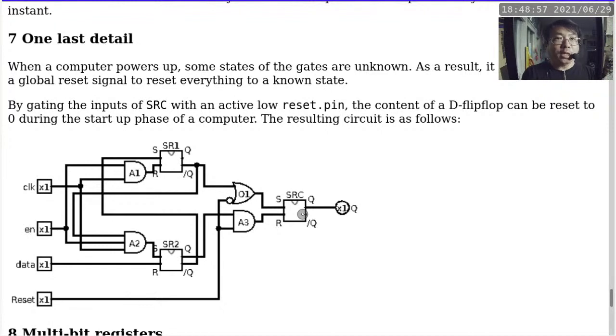That's okay, because now we have a reset pin mechanism, so regardless of the initial state when we power up, as soon as this reset pin turns 0, the SR latch SRC is going to turn to 0 as well. So this is what we call an asynchronous way to reset a D flip-flop. It just bypasses the normal mechanism of how to update the SR latch, and we just go like, nope, we're just going to turn it to a 0.